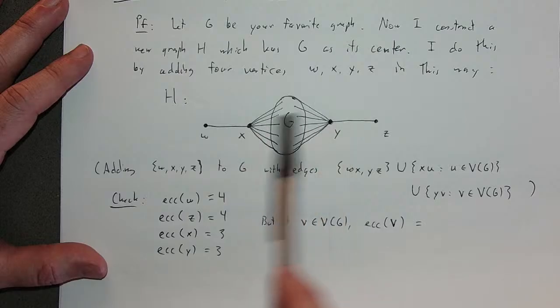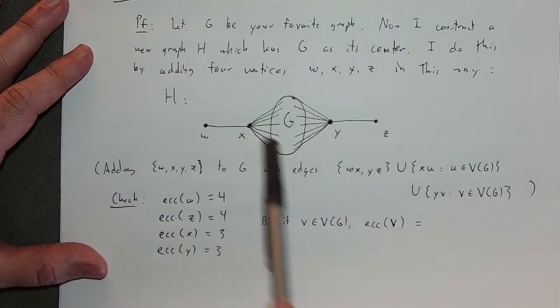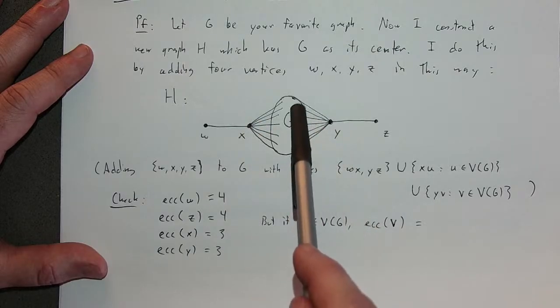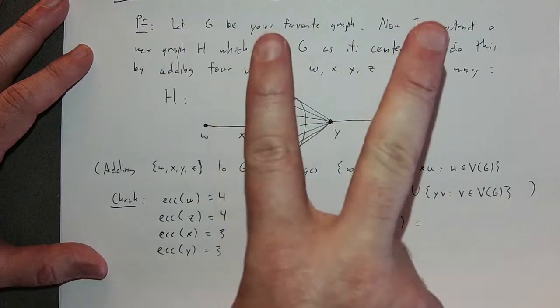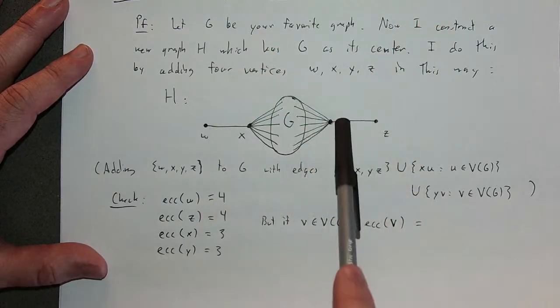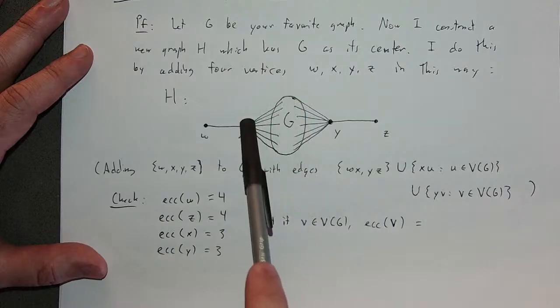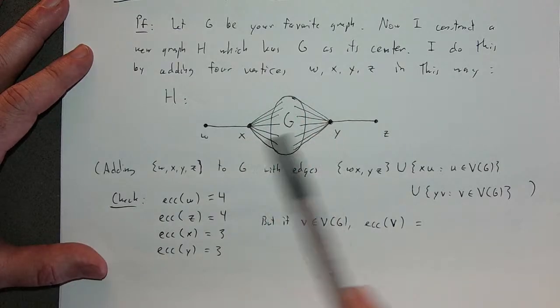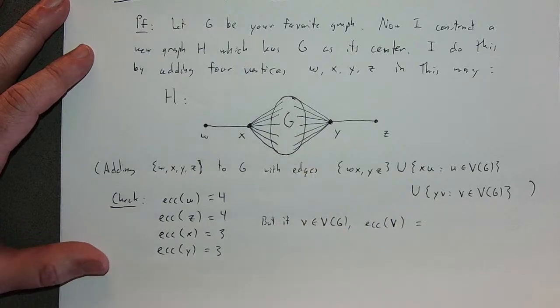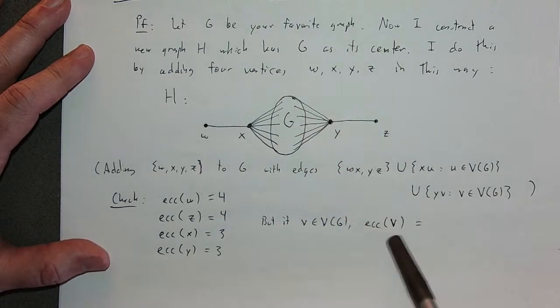Because I've added in these edges, I can go from any vertex in G to any other vertex in G in distance 2. I go out to either Y or X, and then I go back to whatever vertex I want in G, because both X and Y are adjacent to every single vertex in G. So if I'm in G, I can get to any other vertex in G in 2 steps.